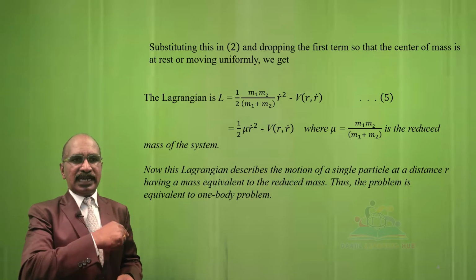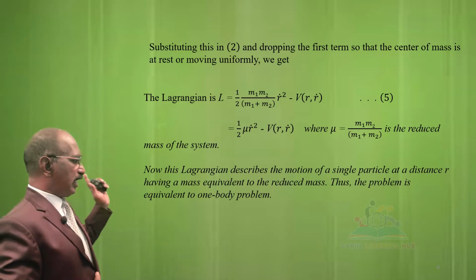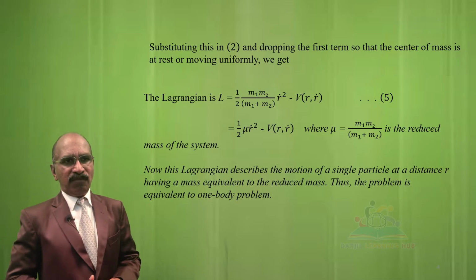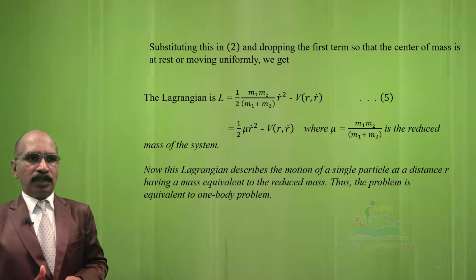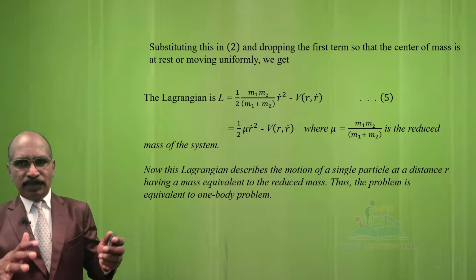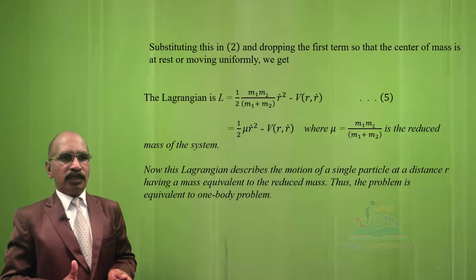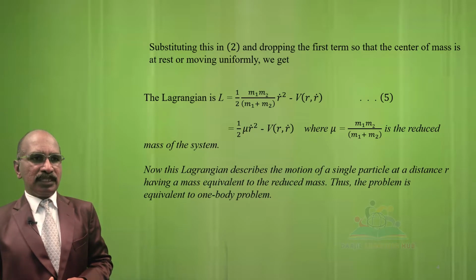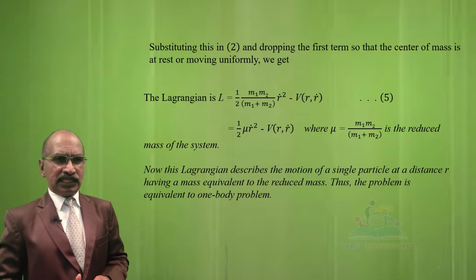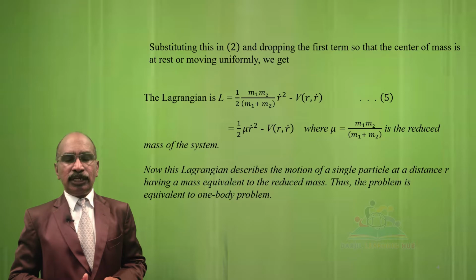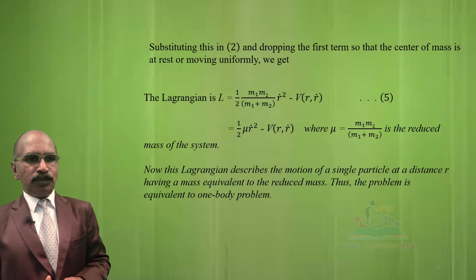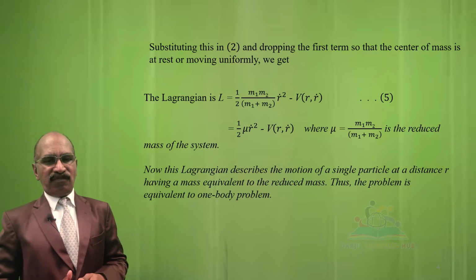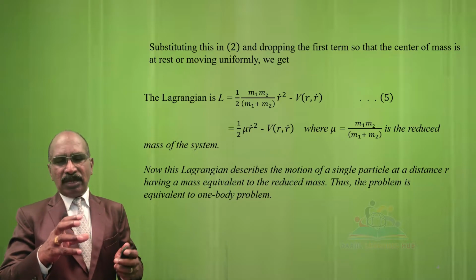That's why we are neglecting the first term, and you get equation number 5, where the portion 1 by 2 m1 m2 divided by m1 plus m2 is called the reduced mass, and it is represented by mu. Therefore, the Lagrangian is L equal to 1 by 2 mu r dot square minus V of r, and mu is called the reduced mass.